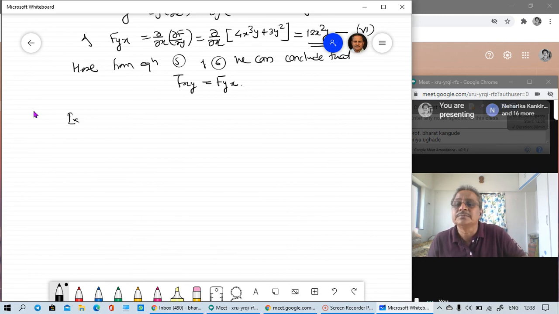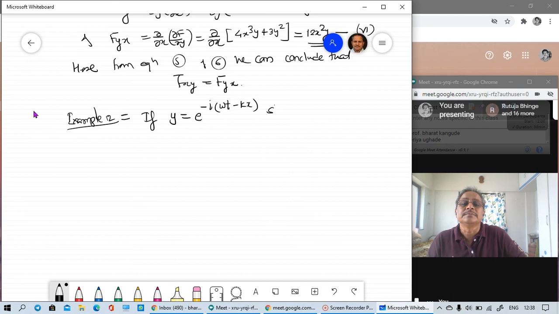Example 2. This is example number 2. Now we have been given another function: if y is equal to, so y is the dependent variable this time, e raised to minus i, this is complex i, what we learned in chapter number 1 or module 1, omega t minus kx.